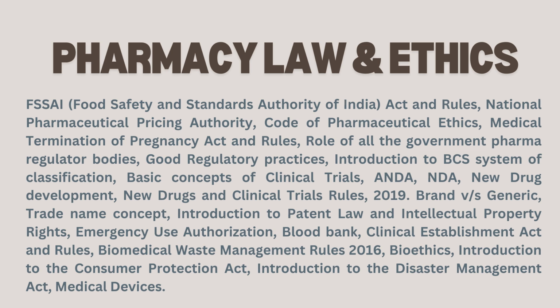Role of all the government pharma regulatory bodies, good regulatory practices, introduction to BCS system of classification, basic concepts of clinical trials, and NDA, new drug development. New Drugs and Clinical Trials Rules, 2019.